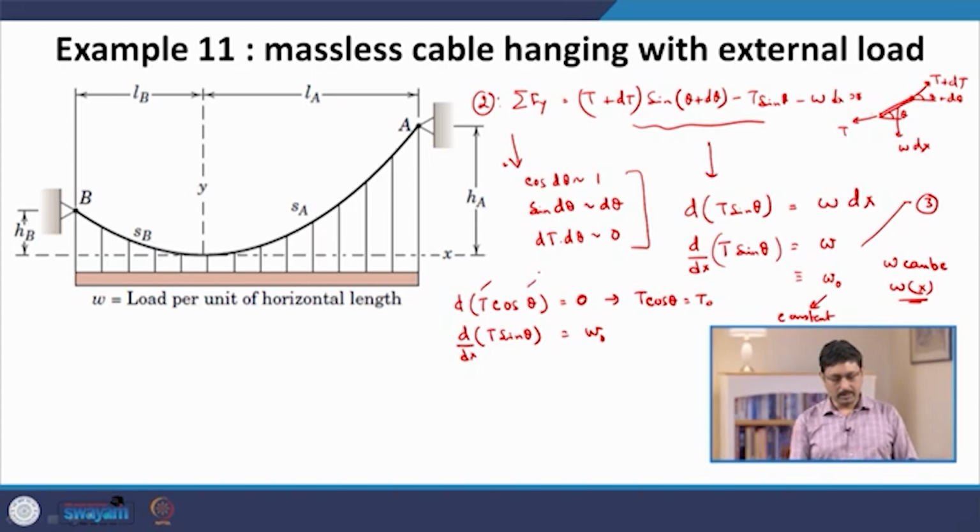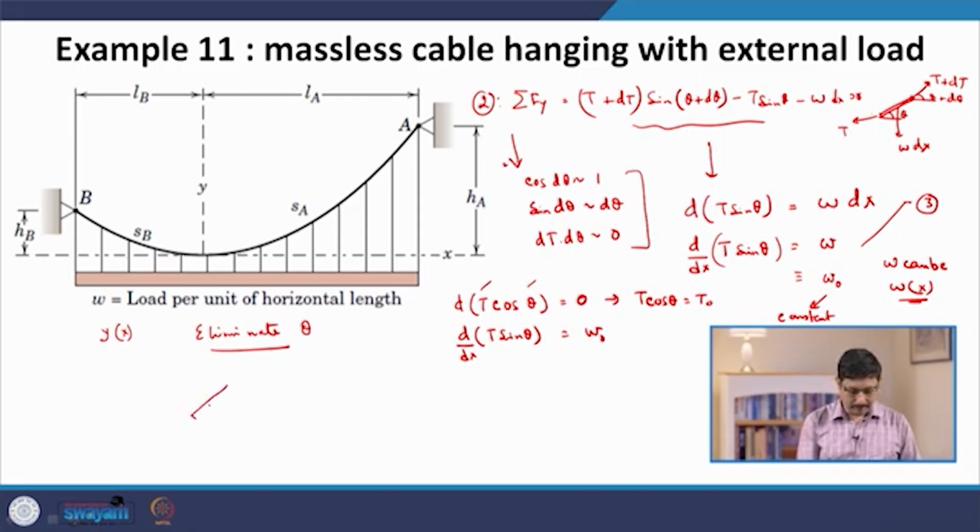The problem asks you to calculate y as a function of x, which represents the shape of the cable. So, we need to eliminate theta and replace it by y. Now, how do we do that? Note that there is a simple geometric insight.